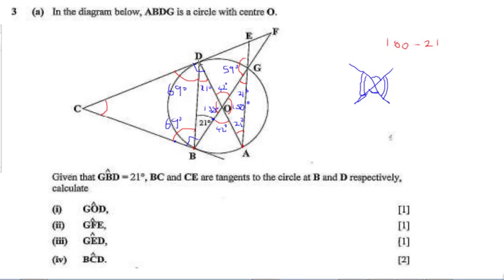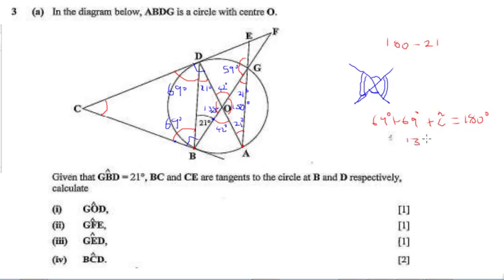So 69 plus 69 plus angle C should give us 180 degrees. 69 plus 69 gives us 138.